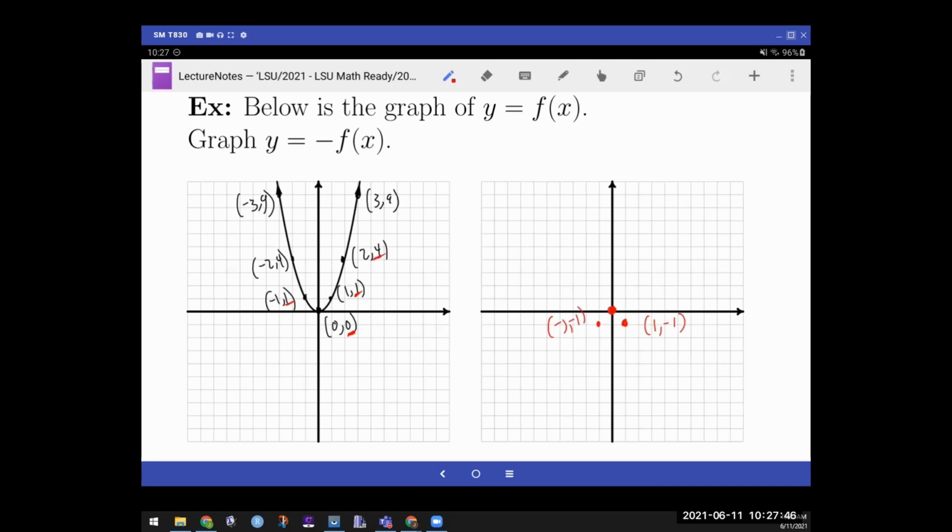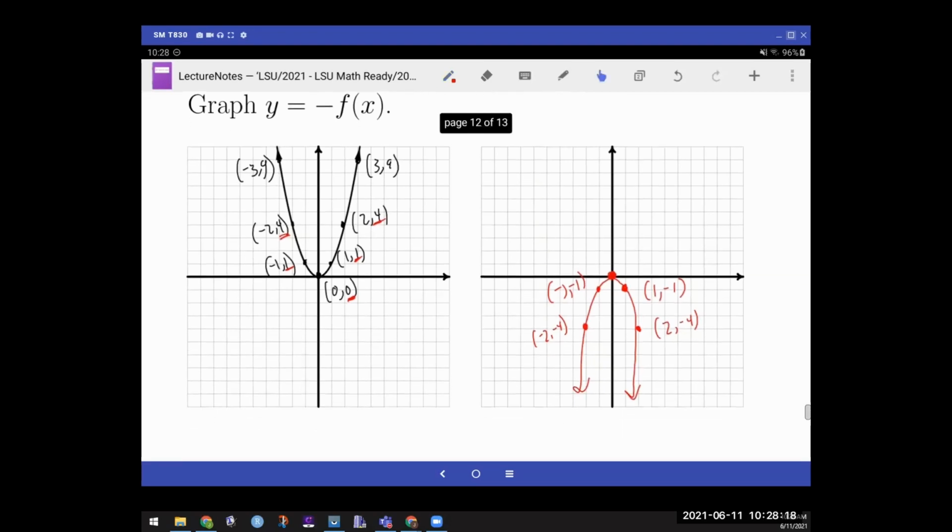Change that y value to negative, that'd be a negative 4. And so on. If I just go down the line, I can make all my y values negative. Okay, and so we just flip the graph over. It changes all the y values to negative.